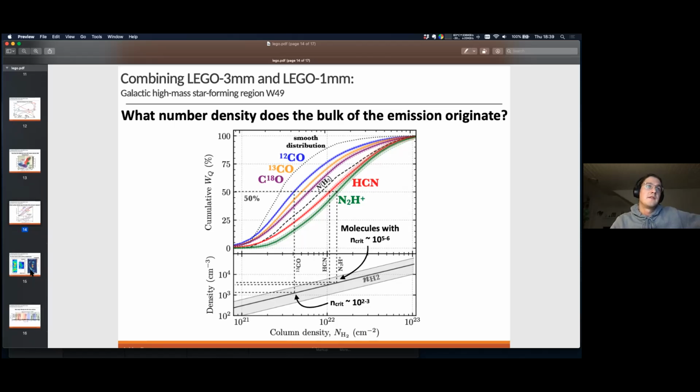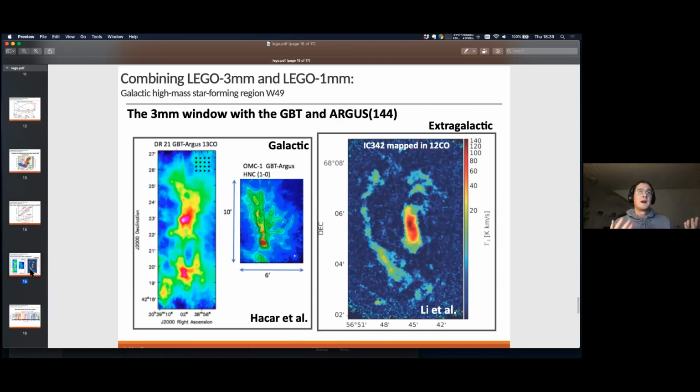Okay, so that's the main bulk of the results of the 3 millimeter line survey. And I just want to highlight that this is very obviously interesting to you guys with Argus. I was reading just before this meeting, and I read the white paper for the Argus Plus or Argus 144 instrument. I think it would be really cool to do similar analysis to this.